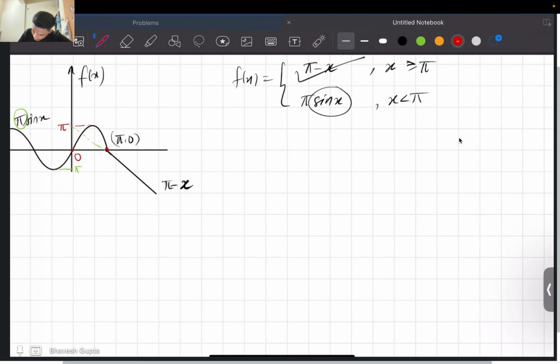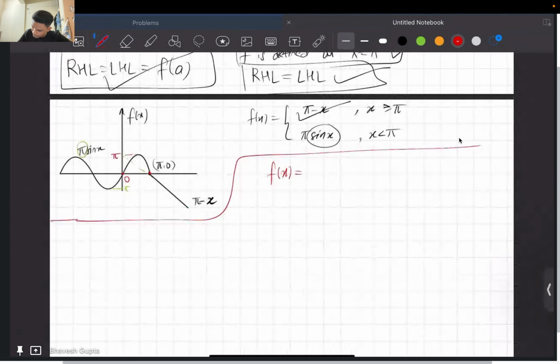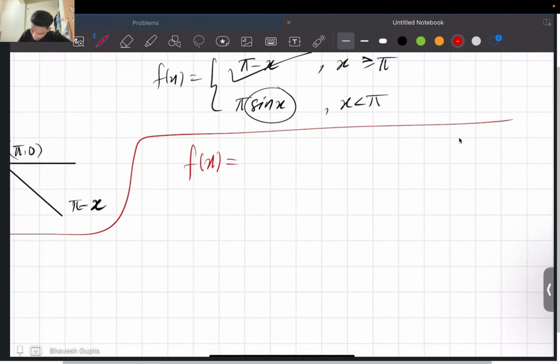We can consider this function f(x). Let me just make a line here. They are different things. This is what we want to prove. And we see that the domain of the function in this case is the real numbers except at 0, right?